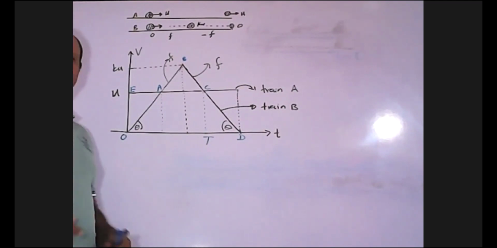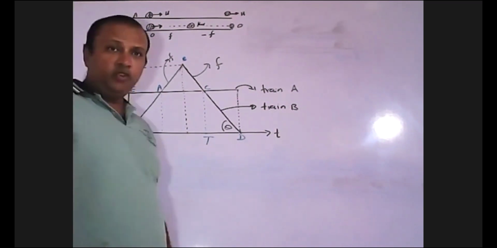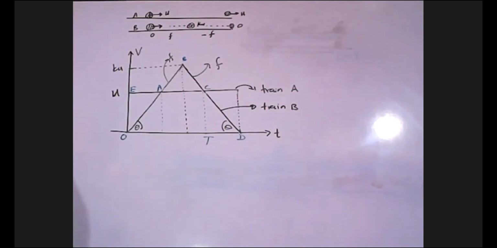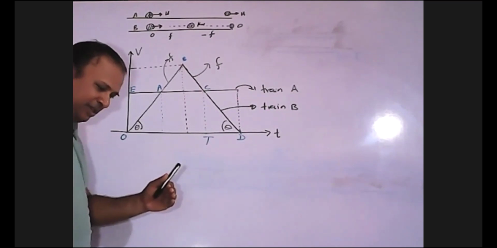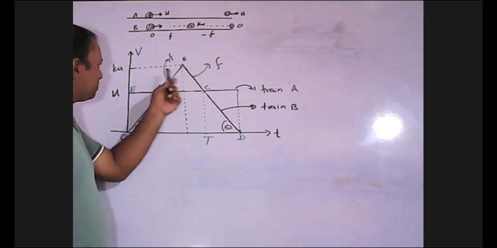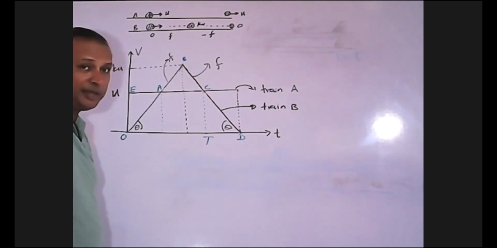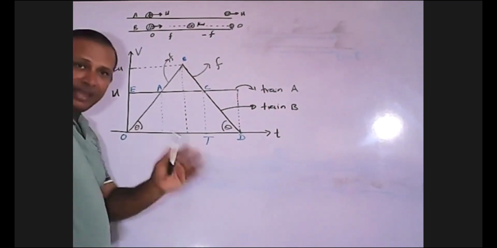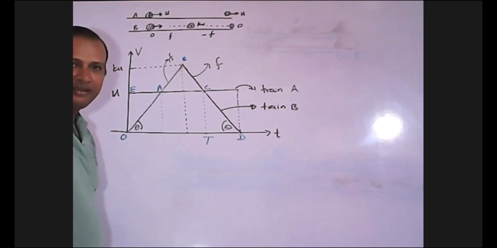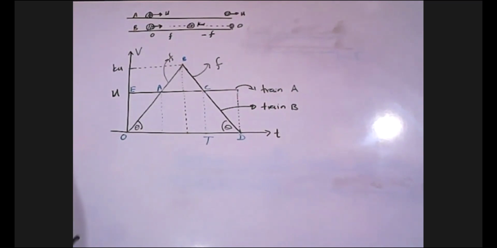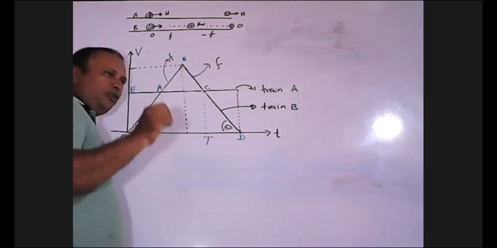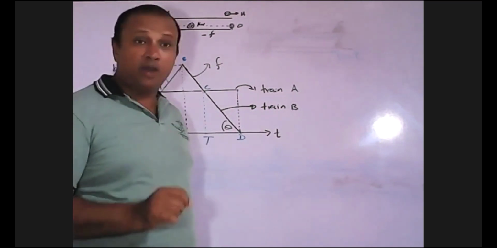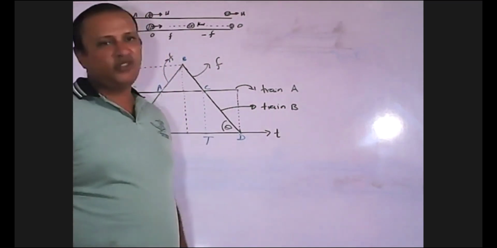Okay, shall we do it? According to our argument, when it comes to point C, if the displacement of A is higher than the displacement of B, then B can never pass A. You know how to find the displacement of any object using a velocity time graph.